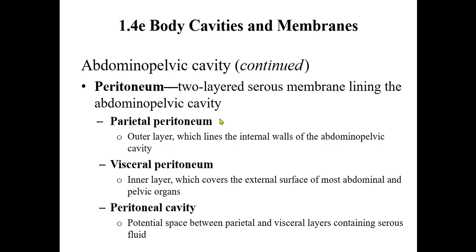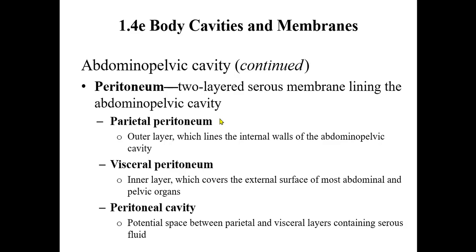So your kidneys are housed in the retroperitoneum. I'll repeat these three before I finish the slide. We have the parietal, which is the side of the abdominal cavity. The visceral, which is the front of the abdominal cavity. The retro, which is the back of the abdominal cavity where the kidneys are housed.